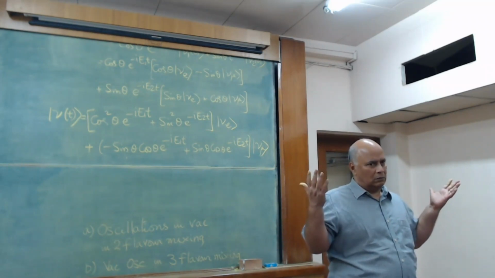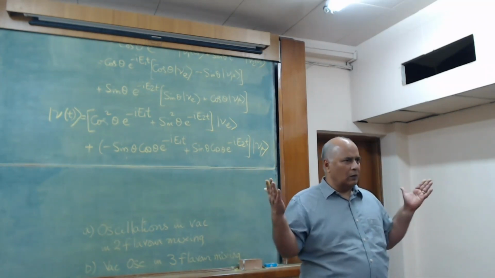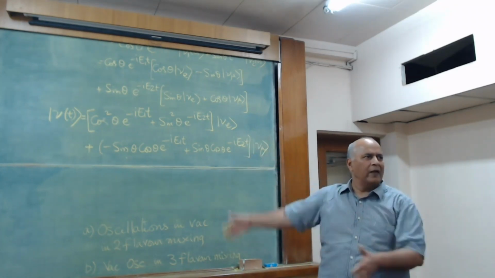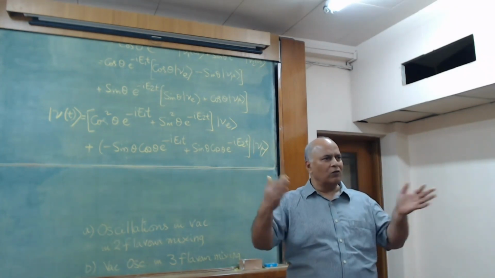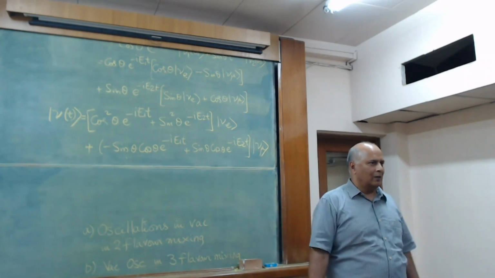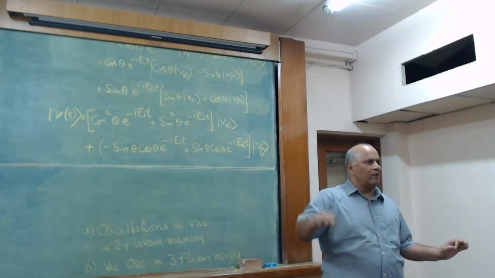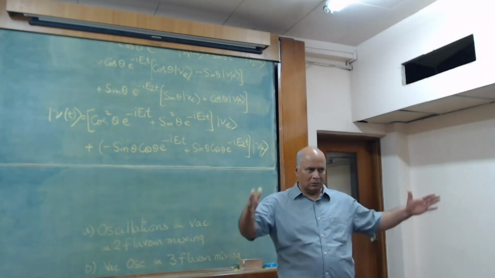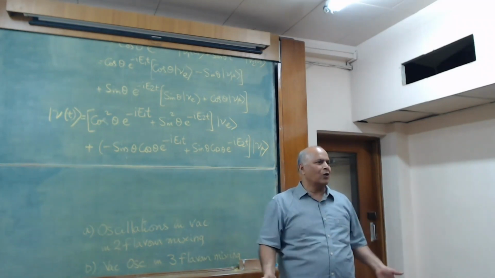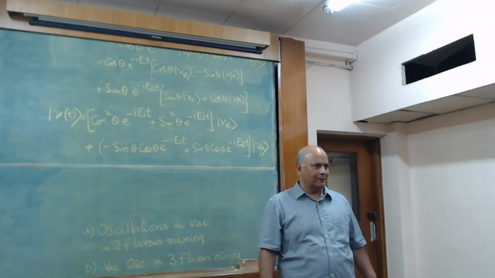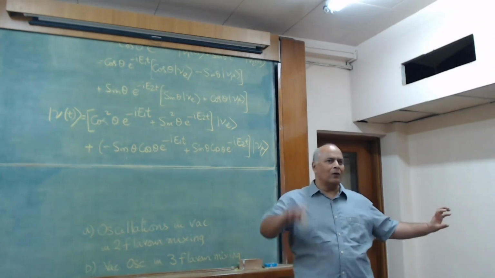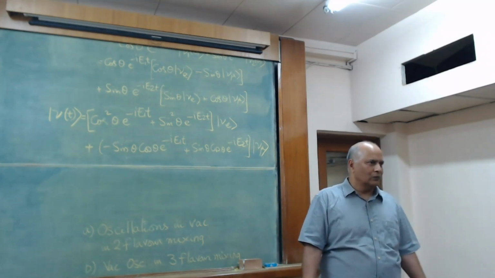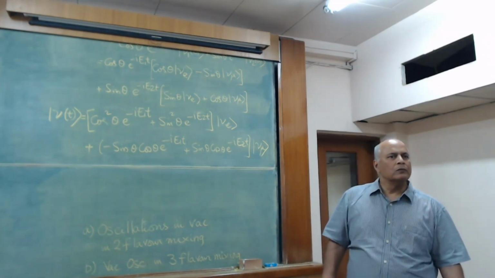For example, I have an electron and a muon, and in principle I can apply this formalism there. Say that electron and muon mix to form mass eigenstates. But the mass of the electron is half an MeV, the mass of the muon is 100 MeV. So this construction that I just talked about will not apply there. So I either get electron or muon. I will not get an admixture of the two.